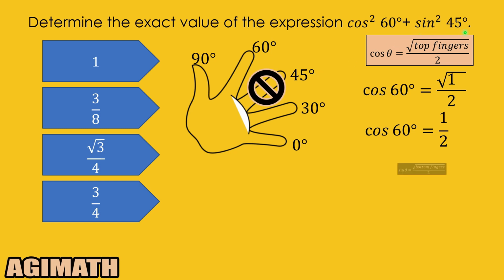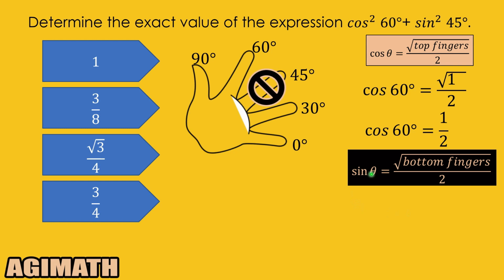So we use the formula sine theta is equal to the square root of the bottom fingers over 2. Now, this is the finger that we hold on. So we are going to count how many fingers are below this finger. So 1, 2. So we'll have sine 45 is equal to square root of 2. And we cannot simplify this further. So we have sine 45 equals square root of 2 over 2.